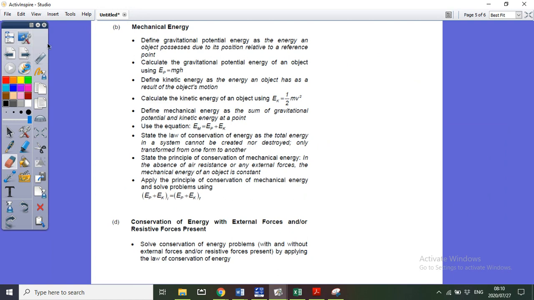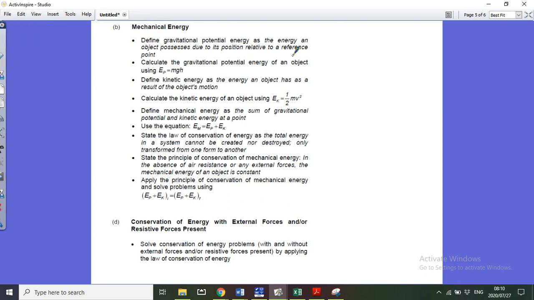Then if we look at mechanical energy, remember mechanical energy is the sum of your potential energy and your kinetic energy. So you need to remember that gravitational potential energy is mgh, and that is due to the position. Kinetic energy is half mv squared, and that is due to an object's motion. That you know.